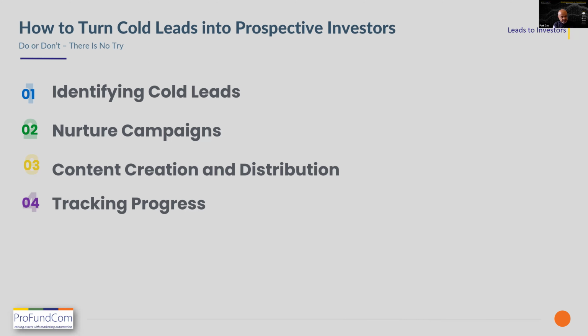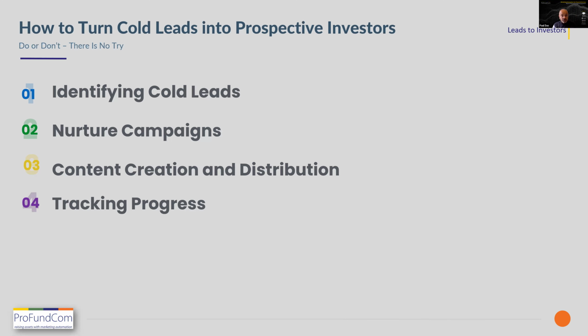It also supposes that you have some form of content marketing in place, where you are sending out research or market commentary to an existing user base. This doesn't assume you're using ProFundCom. You could be using any other distribution product out there: Pardot, Marketo, MailChimp, ActiveCampaign, fill your boots. This is really all about the processes and the discipline you need to have in place.